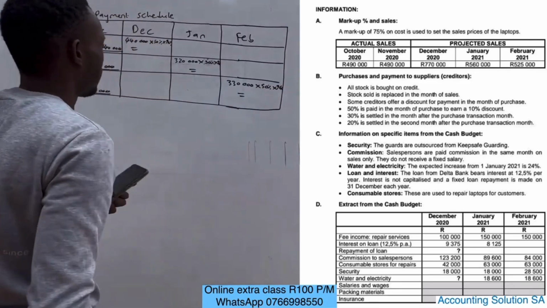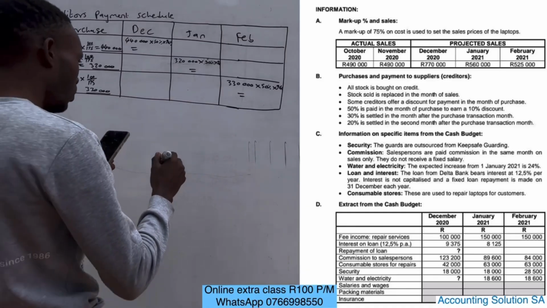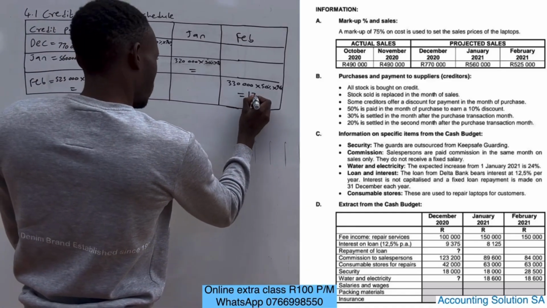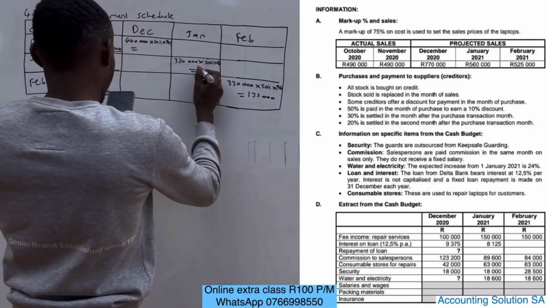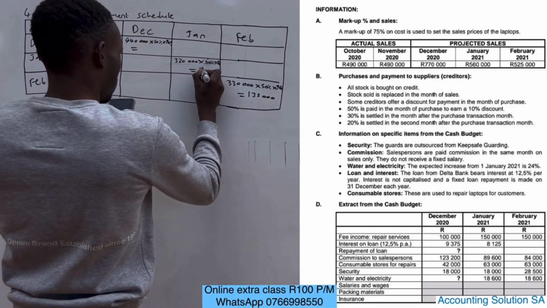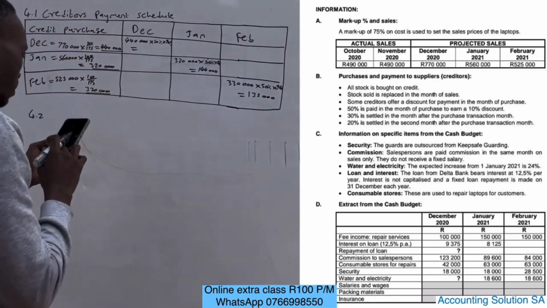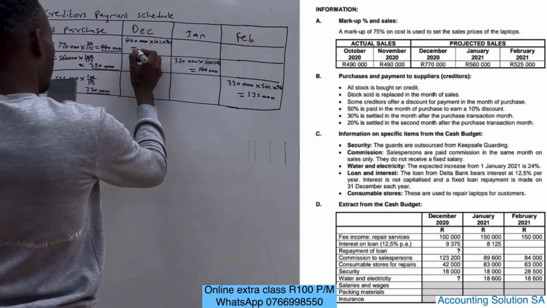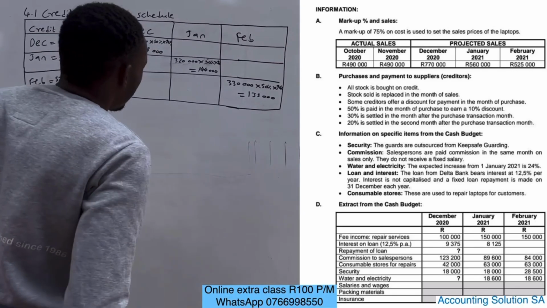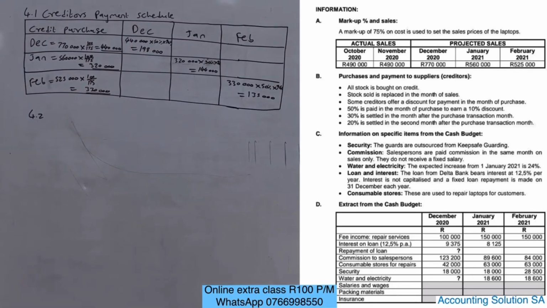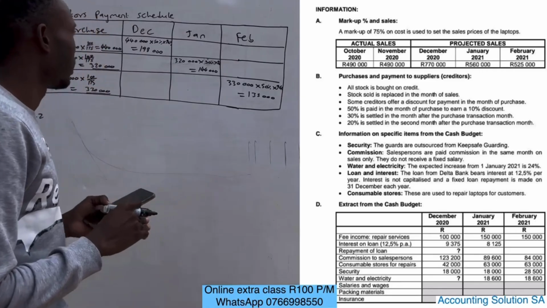It's going to give us the answer. If you calculate for February, it's going to give you 135,000, for January it's going to give you 144,000, and for December it's going to give you 198,000. Just like that.